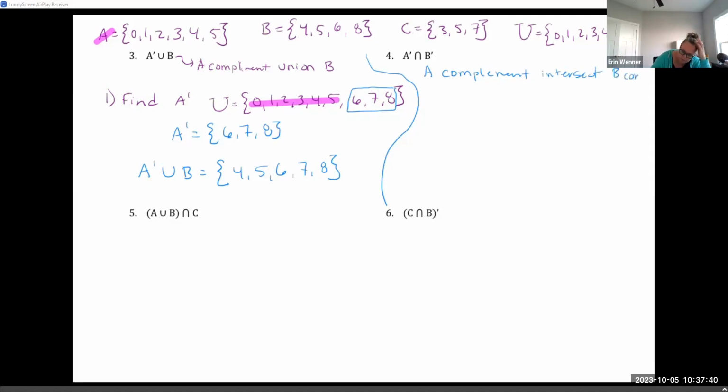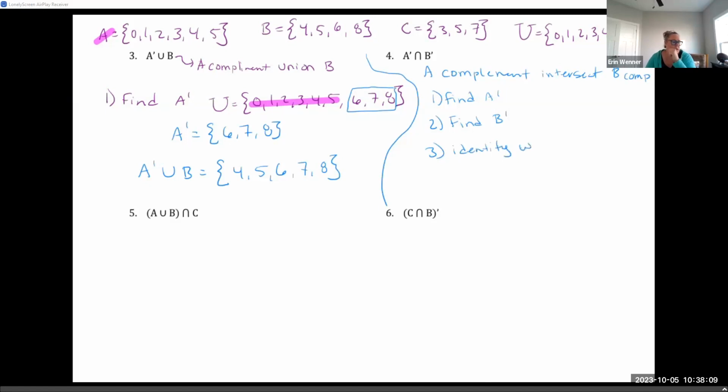So step 1 is find A complement, step 2 is find B complement, and then step 3 is identify where they overlap. We're identifying what values are in both of those.